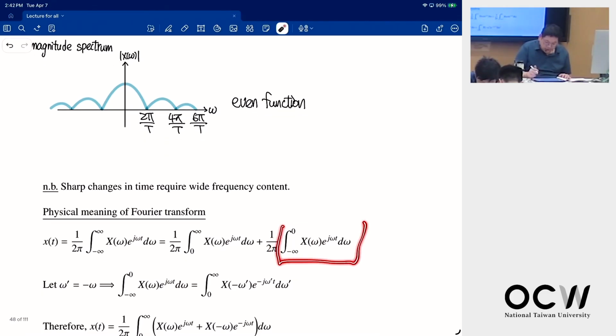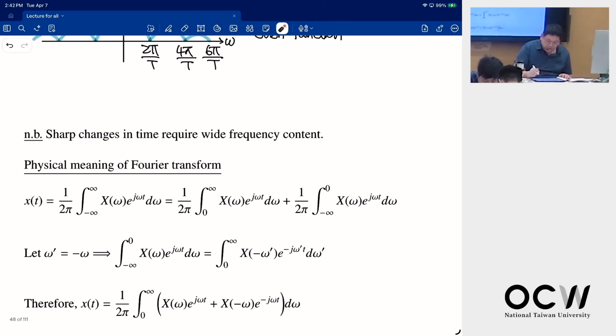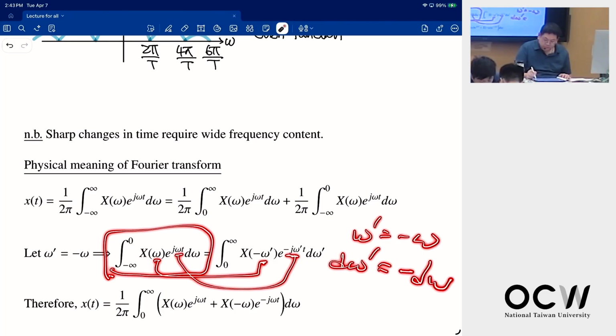So how do we deal with this integral? Let's change the variable. Let omega prime equal minus omega. In this case, omega becomes minus omega prime, and d omega prime will be equal to minus d omega.